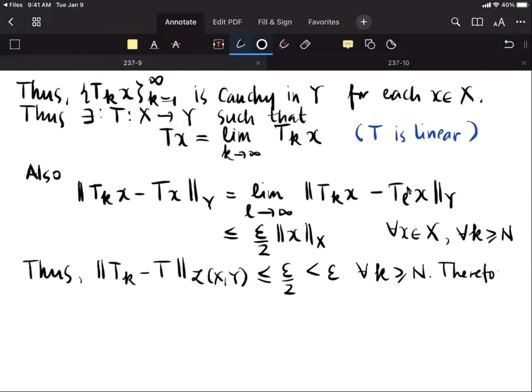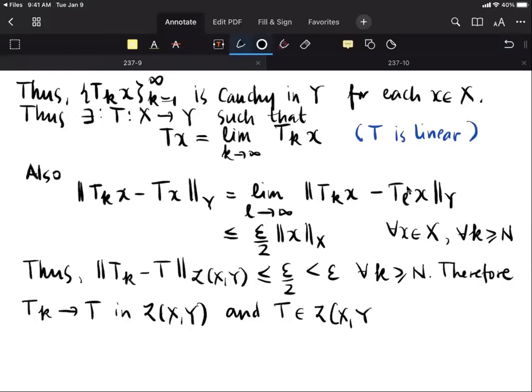And from this inequality, according to the definition of the limit, this implies that T sub k converges to T in the space of bounded linear operators. And of course, T is bounded. The boundedness follows immediately from the fact that T sub k is bounded, and you apply here the reverse triangle inequality.